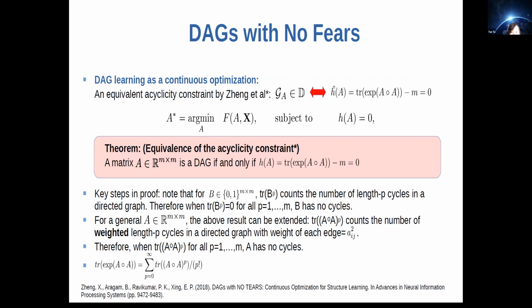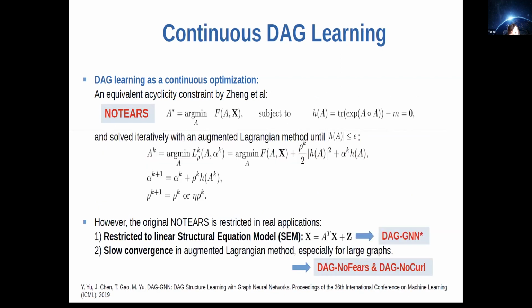Because this is a continuous optimization problem, it enables many interesting applications of classical optimization methods, for example, the augmented Lagrangian method. The augmented Lagrangian method is defined as the following. It updates A and also the Lagrangian multiplier, denoted as alpha here.